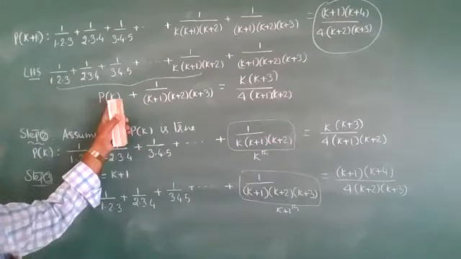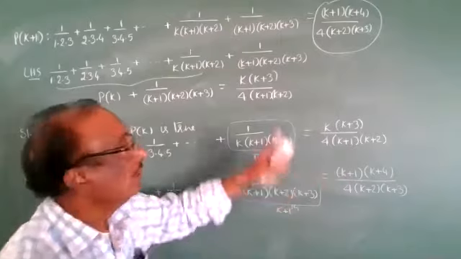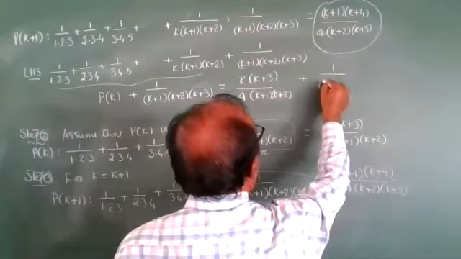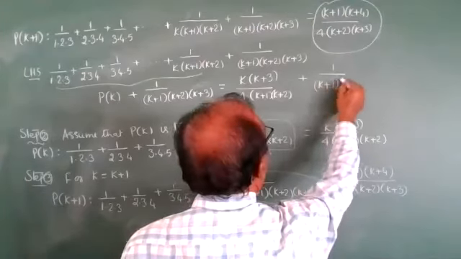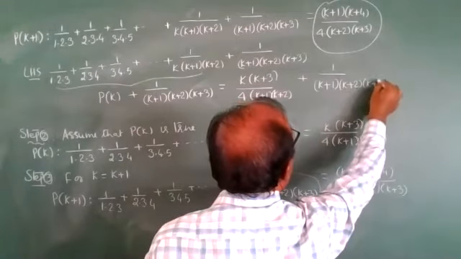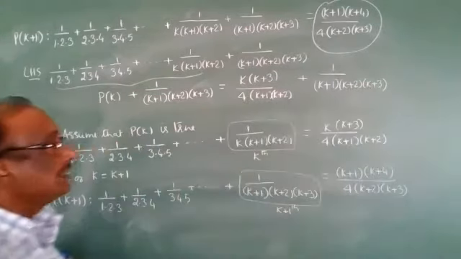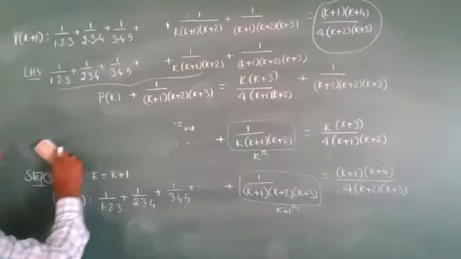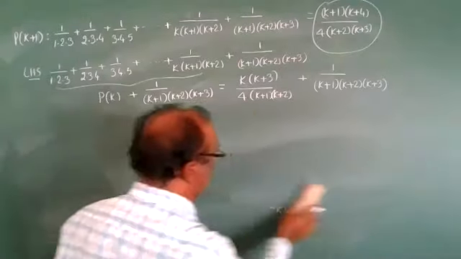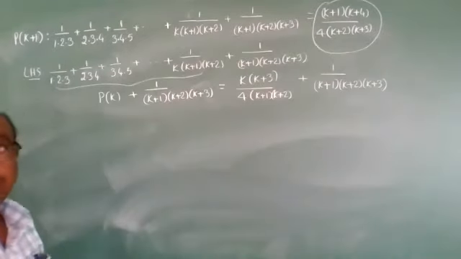I will write the P of k value and add the k plus 1th term, 1 by k plus 1, k plus 2, k plus 3. Simplify, we get the right hand side answer. Everyone simplify.